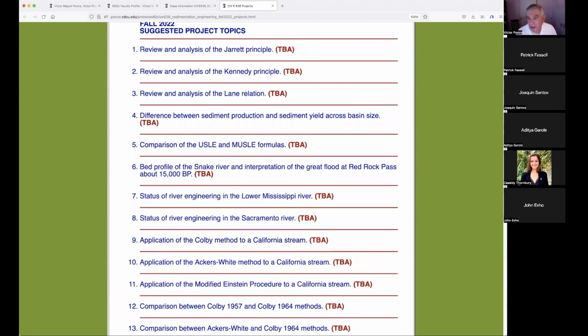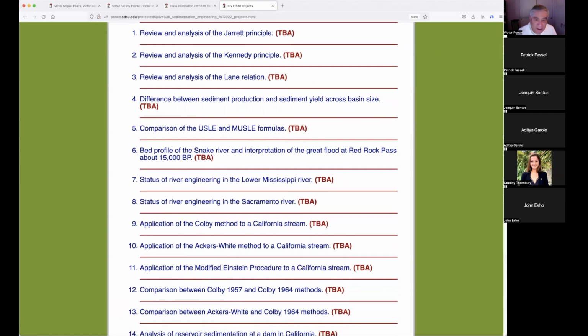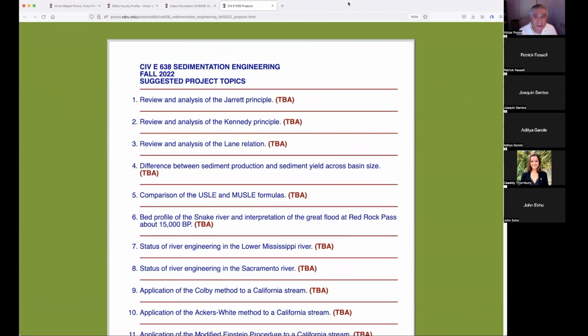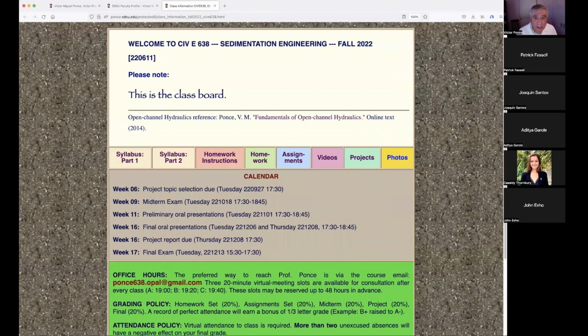I may add 3 or 4 more, depending on how creative I get in the next couple of days, because it requires some thinking to create these projects so that they are not only good projects for you, but also doable, not too difficult or too easy. Give me a couple of days to finish this list, because I certainly was not expecting to get 14 students.